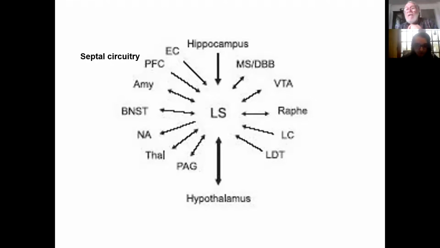Kluver and Bucy did these amygdala lesions, again in the late 30s. And after that lesion, what they could do with the monkey is literally open the cage, reach out, the monkey would take their hand, come down, and they would walk down a walkway.